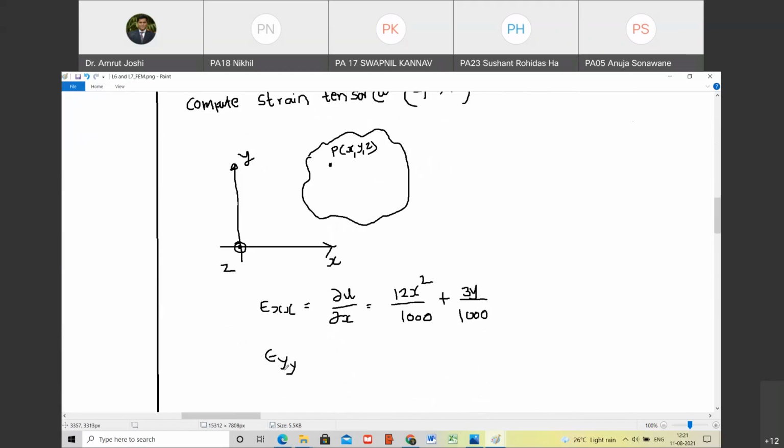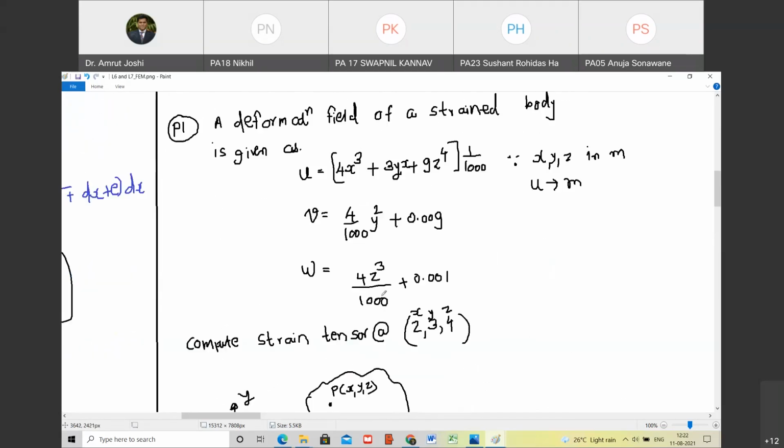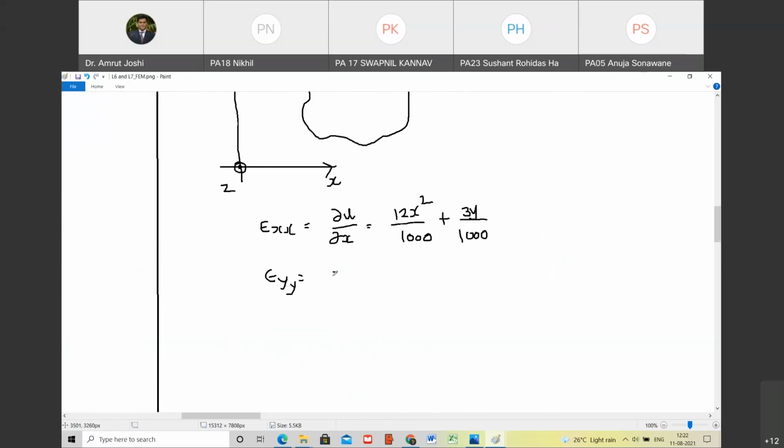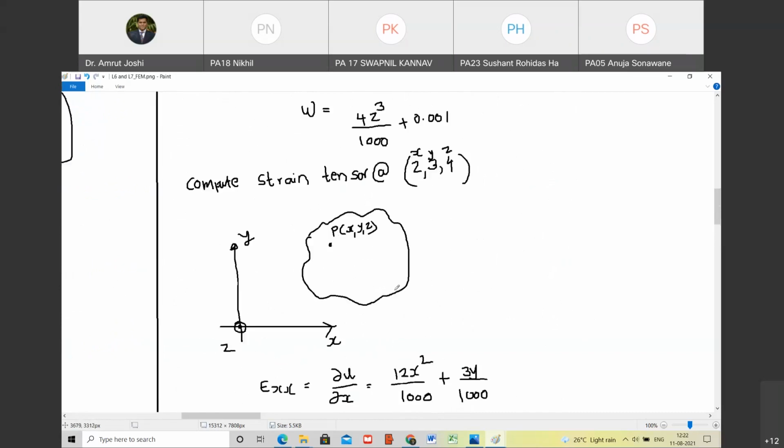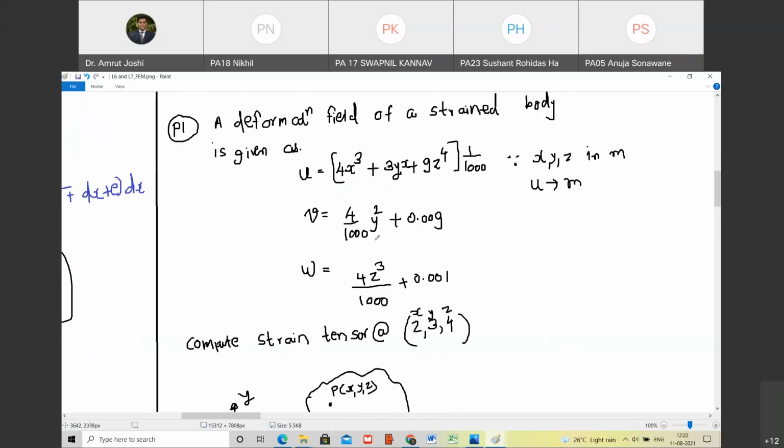Now what is the value of epsilon yy? Tell me. Dou v by dou y. सही है ना? Yes. So what is dou v by dou y here? Let me add a twist here as well.